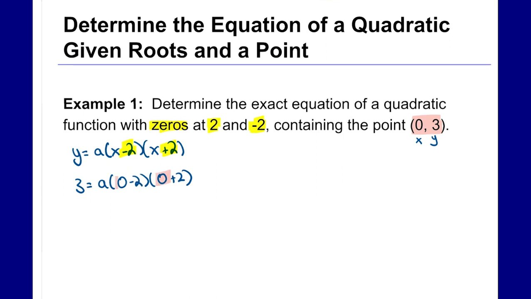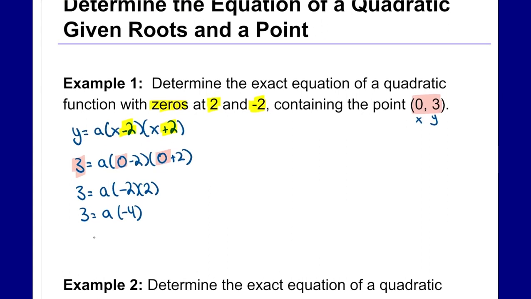These values just came from the point. 3 equals a times negative 2 times positive 2. 3 equals a times negative 4. To get a by itself, I move the negative 4 over. It becomes 3 divided by negative 4, or negative 3 over 4.